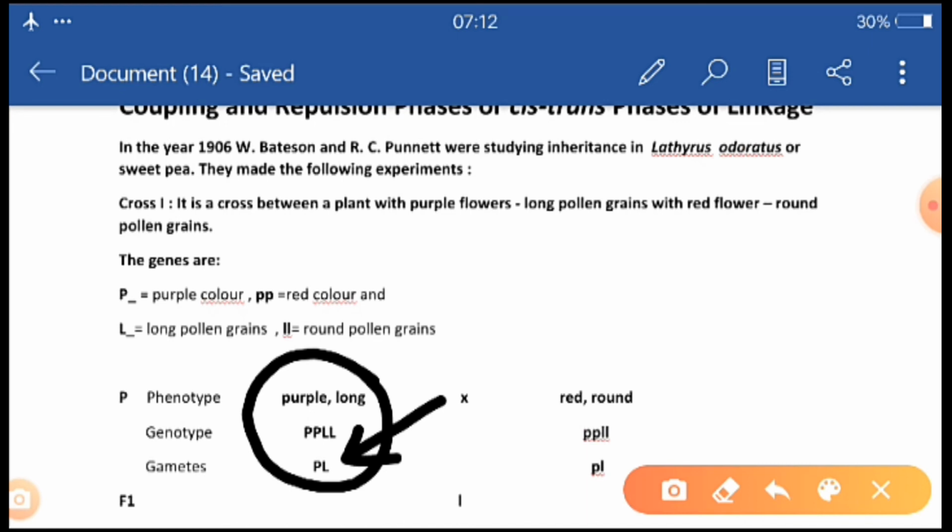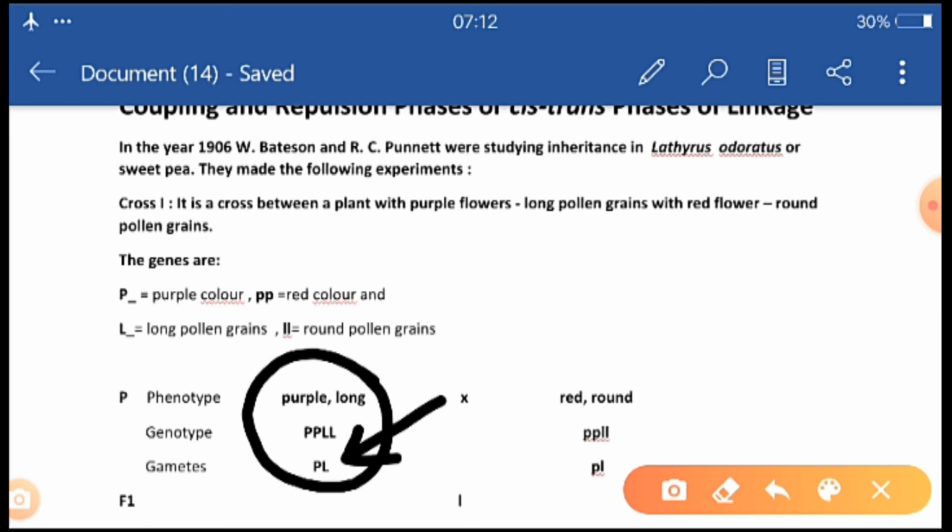That is why the parental phenotypic characters are greater than the recombinant ones. In Mendelian principle, recombinant was 3+3, but here the recombinant is quite less. Here the recombinant is only 1 + 1 = 2, and parental, in Mendelian principle, was 9 + 1 = 10. Here it is 11 + 3 = 14.